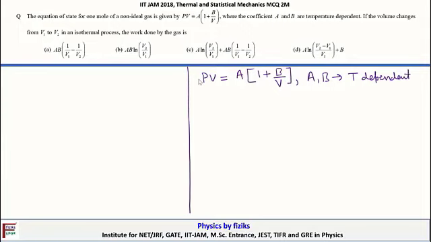If the volume changes from V1 to V2 in an isothermal process, the work done by the gas is given by? Okay, so we have to identify the correct option.